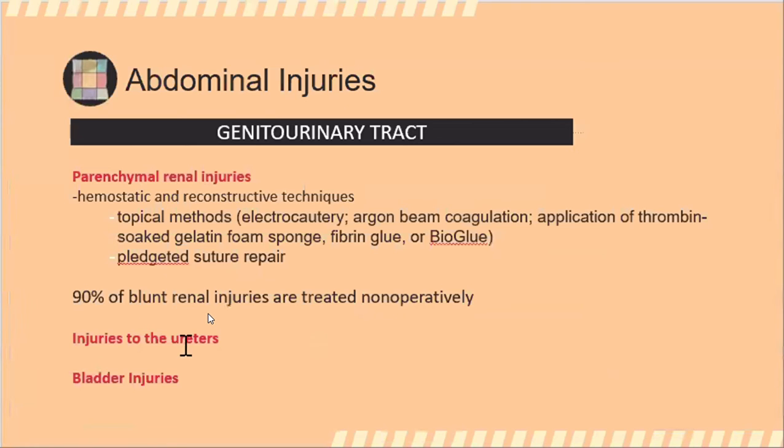So ureteral injuries, pag lalo na pag penetrating, so there's complete transection, or if blunt injuries or destructive injuries, the ureteral injuries need to be repaired. So pwede mag end-to-end anastomosis, or you can do stenting.